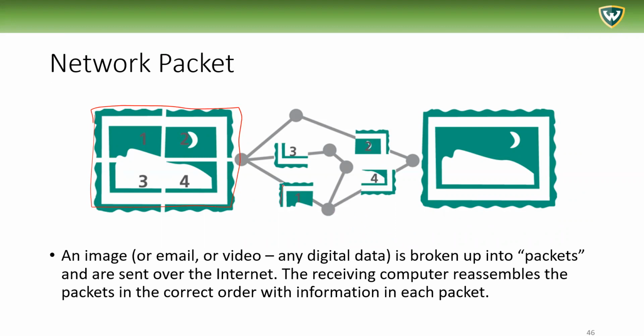Each of these packets has information about the computer it's coming from, where it's going to, and the sequence of that packet. So the first one is going to be called 1, the second one 2, and so on, plus a part of the image or part of the email that is being sent. Then it travels through the internet, eventually arrives at the destination, and is reassembled in the correct order because it has order information.